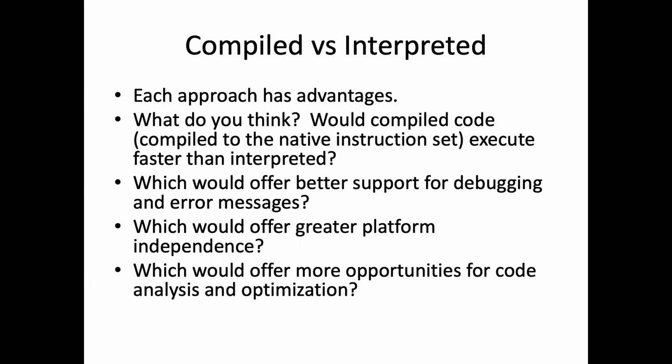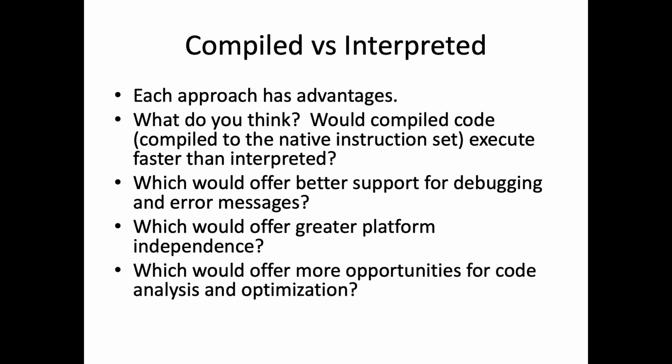There are advantages and disadvantages of each of these. Java, because it's not compiled all the way down to the native instruction set for a machine, offers more portability and more platform independence. Whereas C, because it's compiled all the way down to the native instruction set for a particular processor, is probably going to have higher performance.